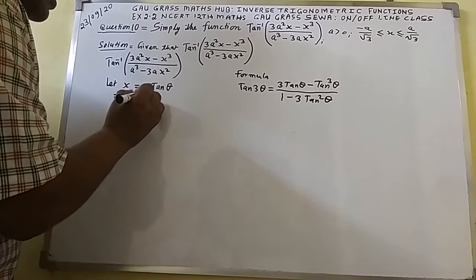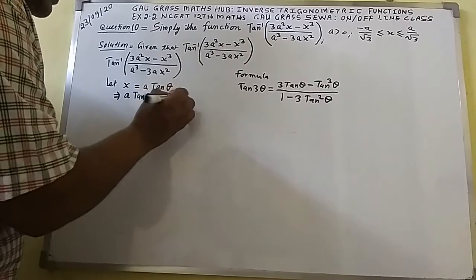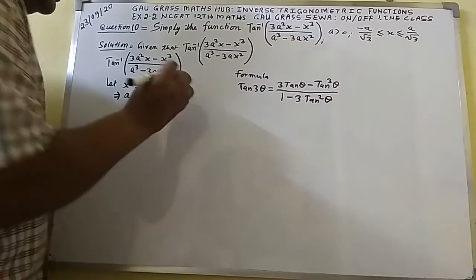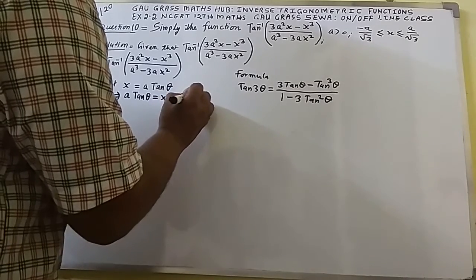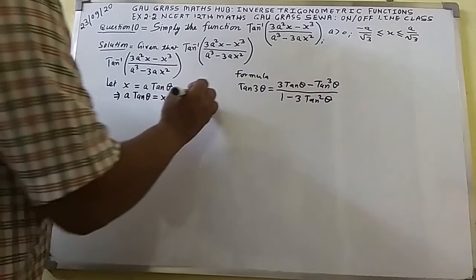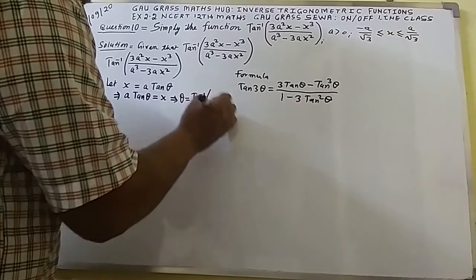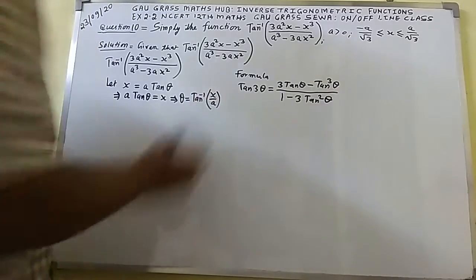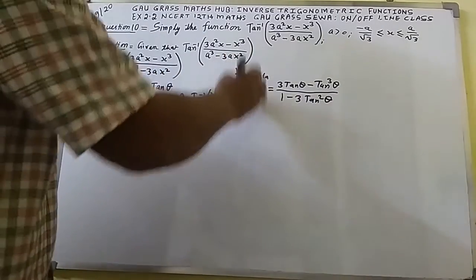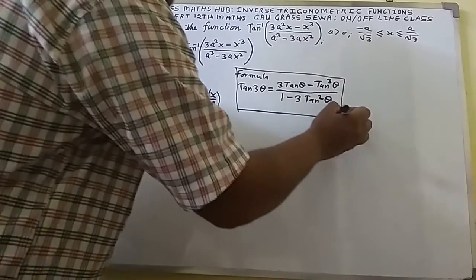It implies that a tan theta equals x, so tan theta equals x over a, and theta equals tan inverse of x over a.